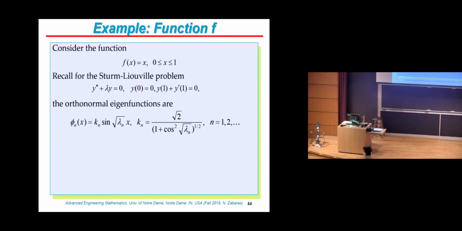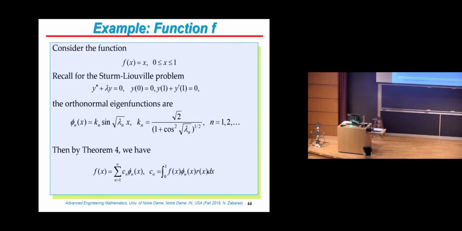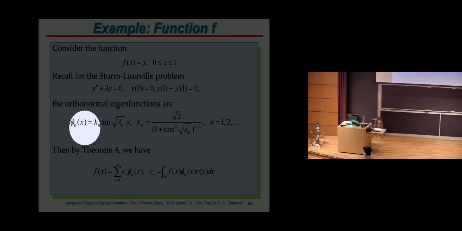OK? And of course, I am guessing in the derivation, you will have to use the equation that the eigenvalues have to satisfy. It will come up in another slide, but there was some equation that lambda n has to satisfy. All right, so these are the normalized eigenfunctions.